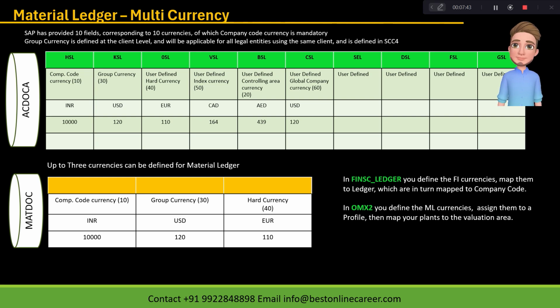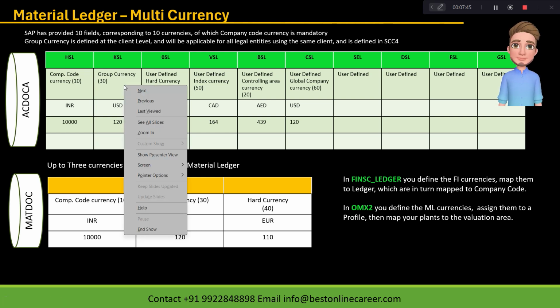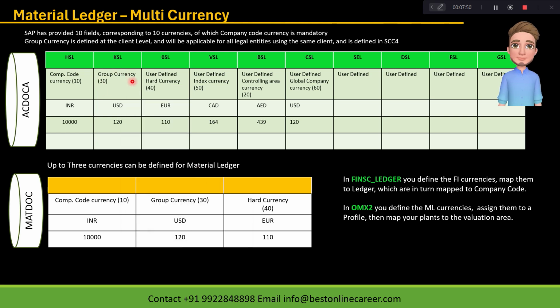Group currency is something you establish at the client level, so it is configured at the client level. Under that particular client, any number of legal entities you can have, all of those legal entities will inherit that particular group currency, and group currency is denoted by a 2-digit numerical number, 30, right?